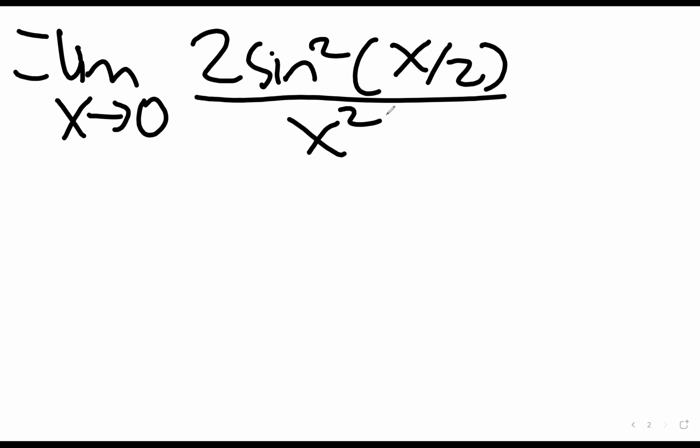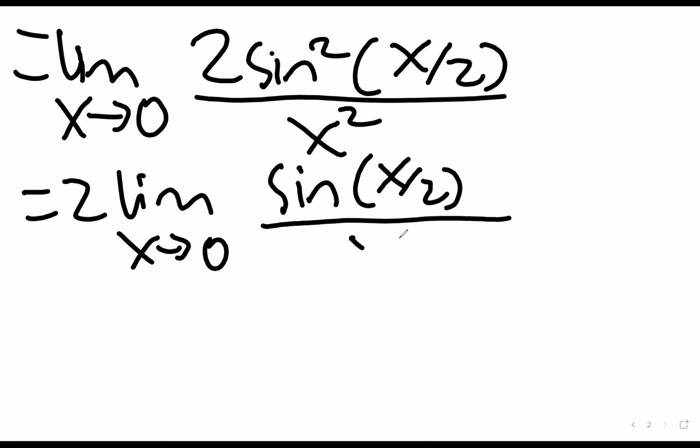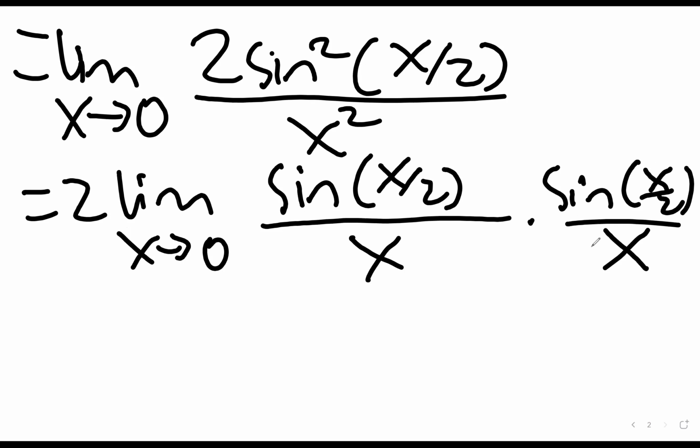And we realize that the limit as x tends to 0 of sine x over x is 1, right? Of course, I can write this as 2 times the limit as x tends to 0 of sine squared of x over 2, which is sine x over 2 over x multiplied by sine x over 2 divided by x. And we know that the value of each limit is half, right?